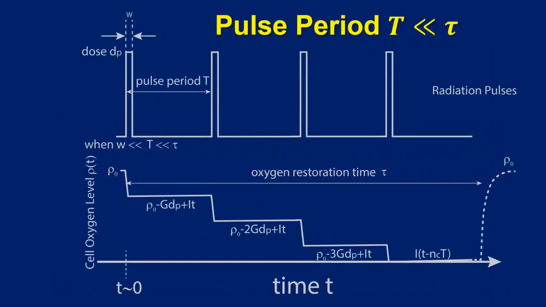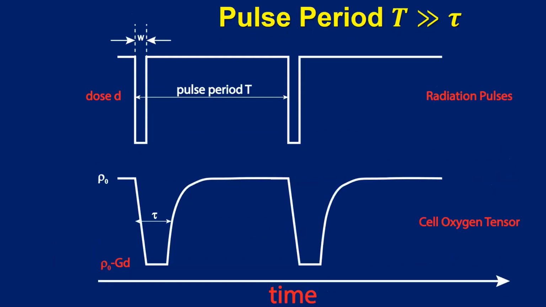Next, we consider pulse period time T. When T is much smaller than tau, the cell experiences the reduced oxygen level all the time, and the flash RT effect probably can be easily achieved. By contrast, when T is much larger than tau, the cell only spends a small portion of time under the reduced oxygen level. Most of the time, it stays in the same oxygen condition and does not feel the radiosensitivity change.